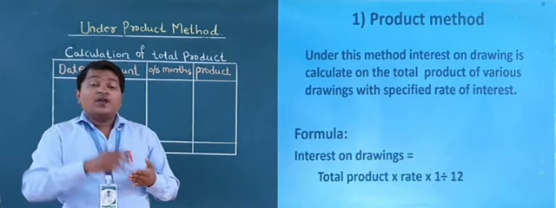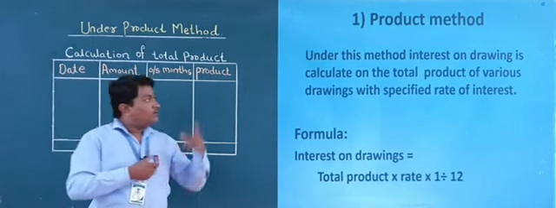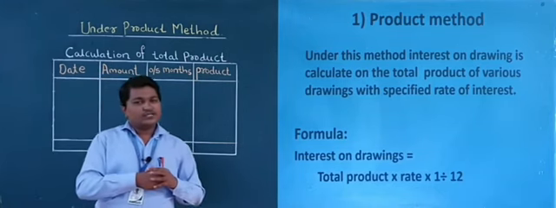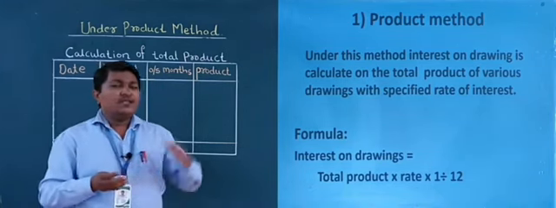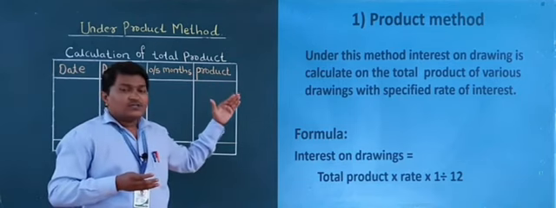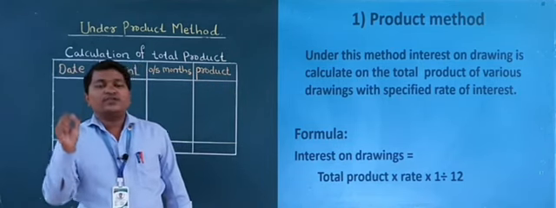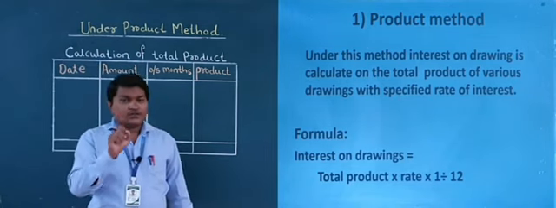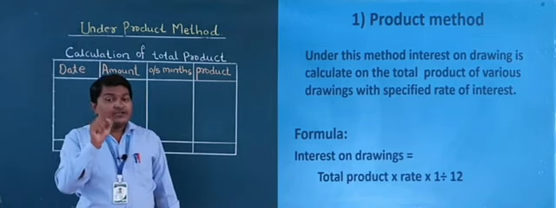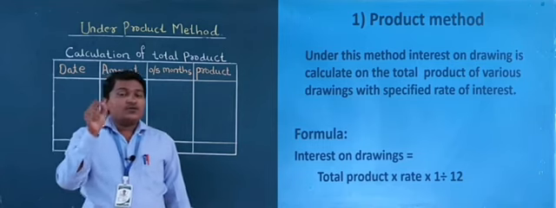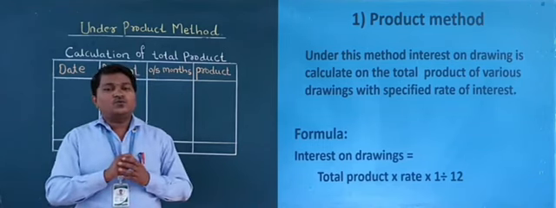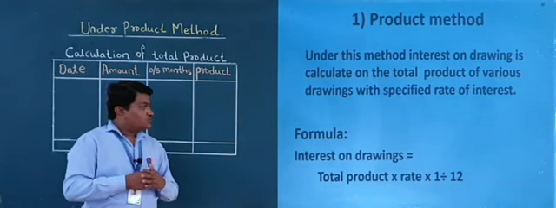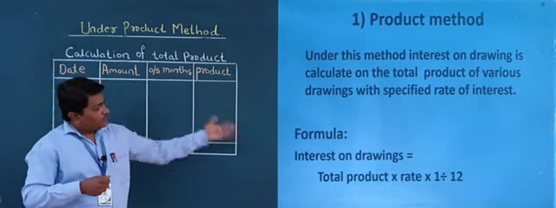Of all the drawings we calculate the product, and later with a specified rate we calculate interest on drawing. So under the product method, interest on drawing is calculated on the total product of the drawings. Let's see the formula.